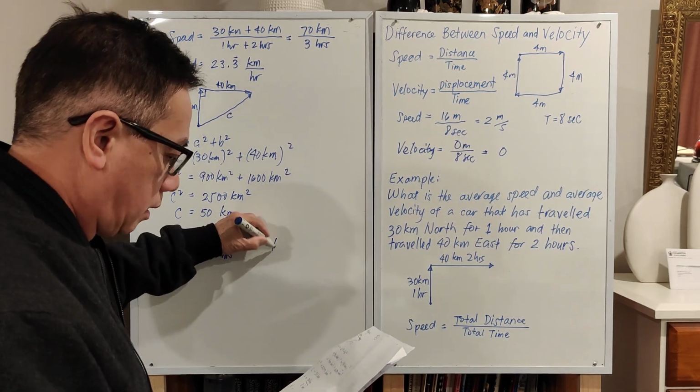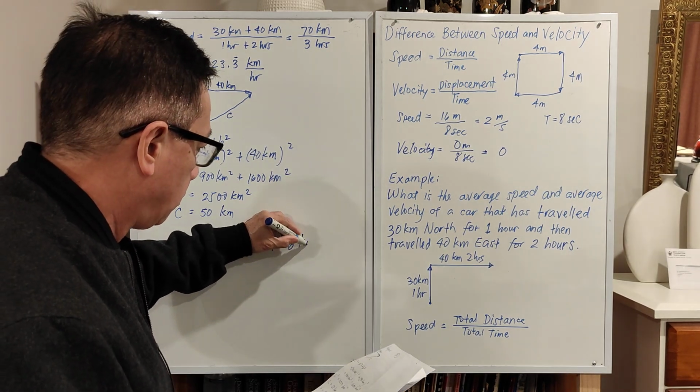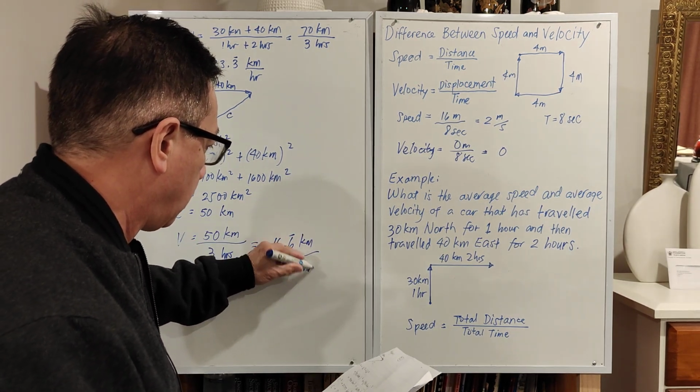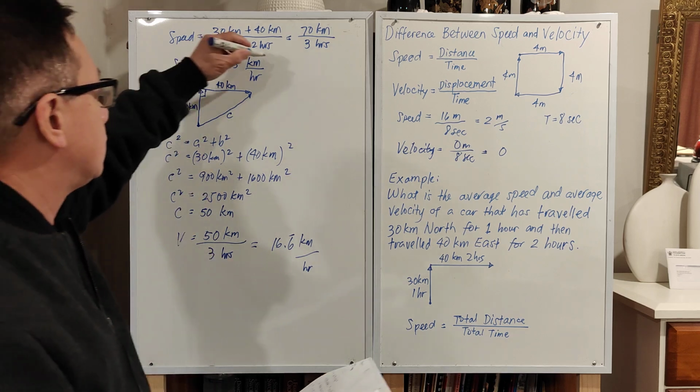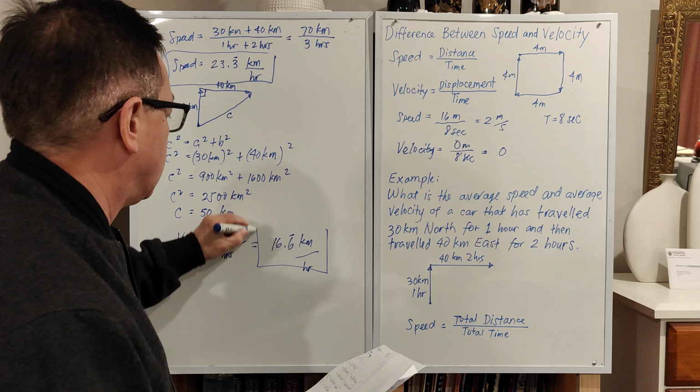That would be 16.6666 kilometers per hour. So this is your speed and this is your velocity.